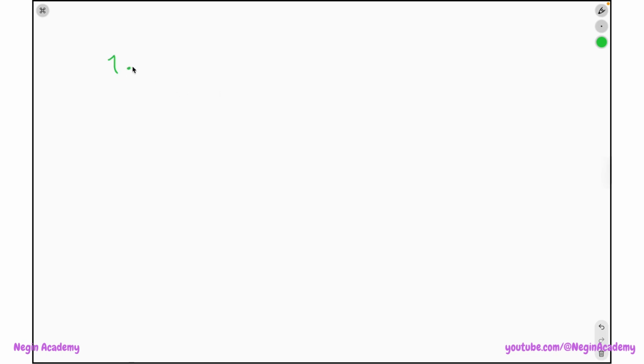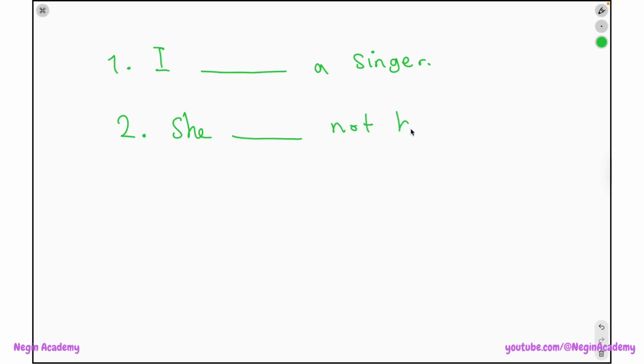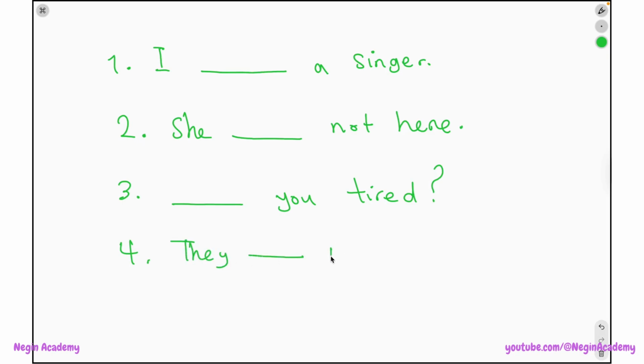Now I have some exercises for you, and it's better to say a call to action. It's your turn, guys. I'm going to write some samples for you, and if you could answer them, leave your comments below. The first one, here we have a blank, a singer. You have to use am, is, or are. Which one is correct here? Next one, number 2, she, not here. Next one, you tired? Question. Number 4, they, my best friends.